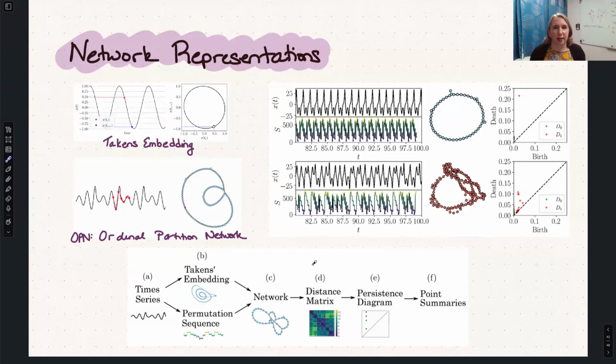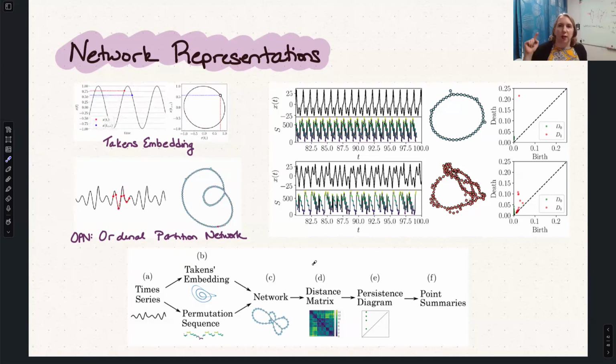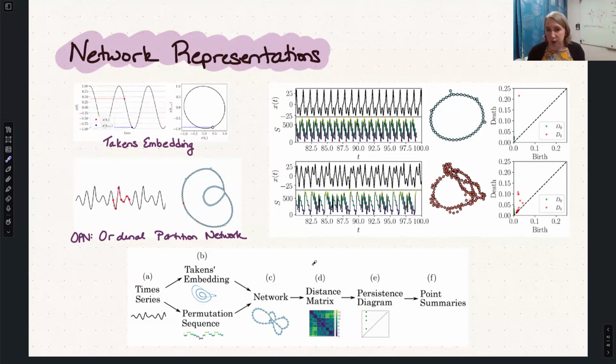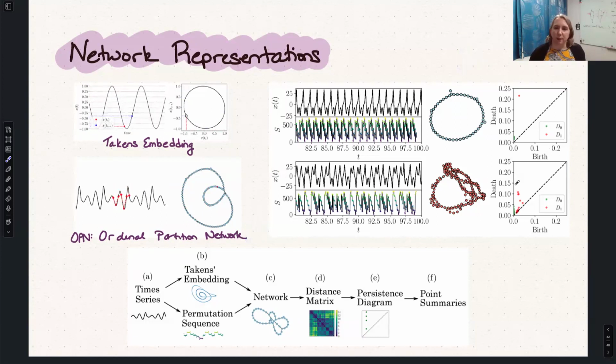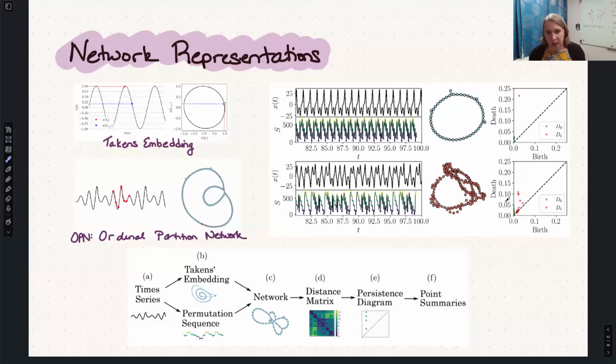So one of the things we've been messing around with is how to swap out your underlying dynamical system point cloud representation with something smaller, in particular network representations of your underlying dynamical system, and use persistence representations of those in place of your original time series. Here's an example with the ordinal partition network, which we built on different kinds of input time series, and you can say things about differences in underlying structure because the persistence diagrams of these things are way different.